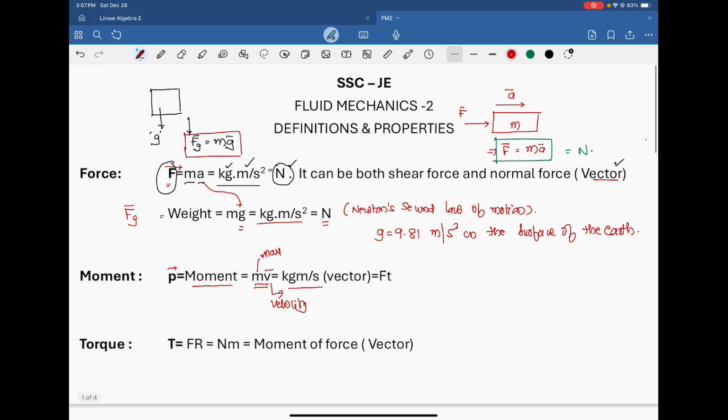This is measured in kg meter per second, which is nothing but force into time. Time is in seconds. That is equal to Newton second.